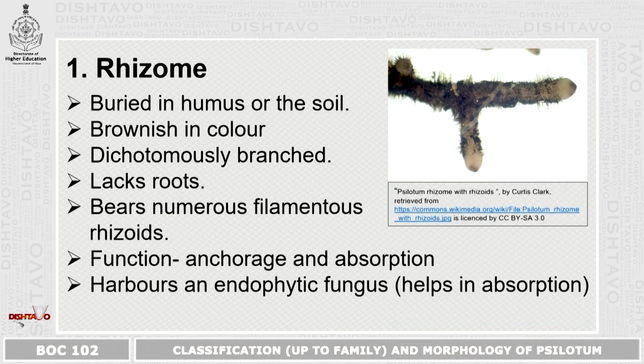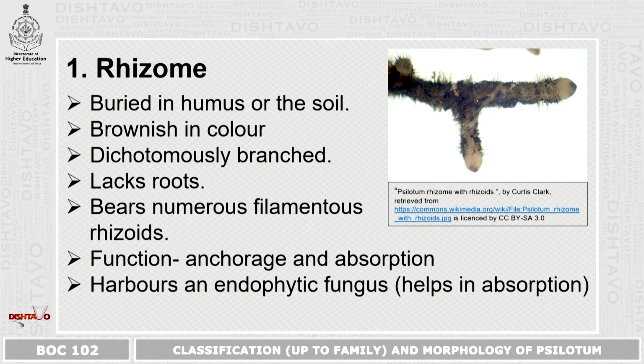The first part is rhizome. Here you can see the picture of the rhizome. It is buried in the humus or in the soil. It is brownish in color, you can see in the picture. It is dichotomously branched and it lacks roots.